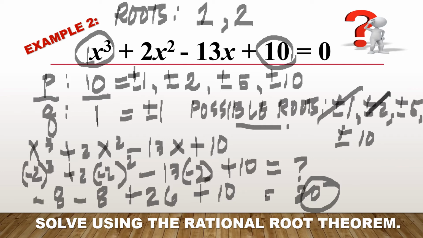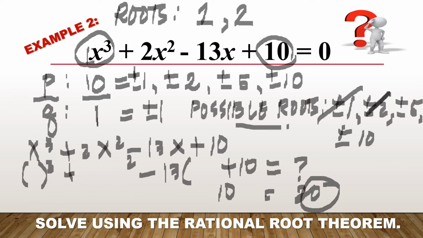Now, let's proceed to positive negative 5. So, first, let's replace x with positive 5. But before that, let me erase again. Erase here. What else? This one, let's erase. And, okay, sorry. Next, let's have positive 5.